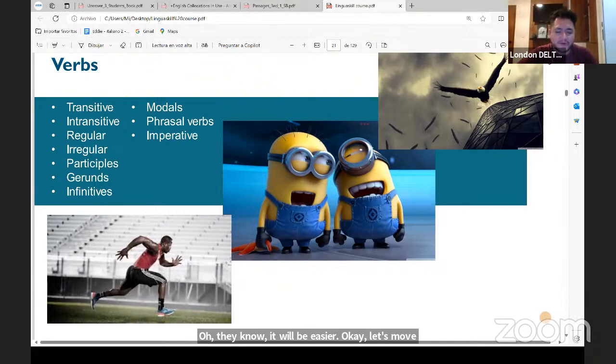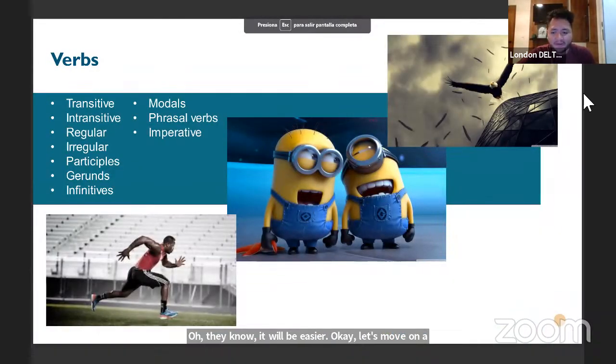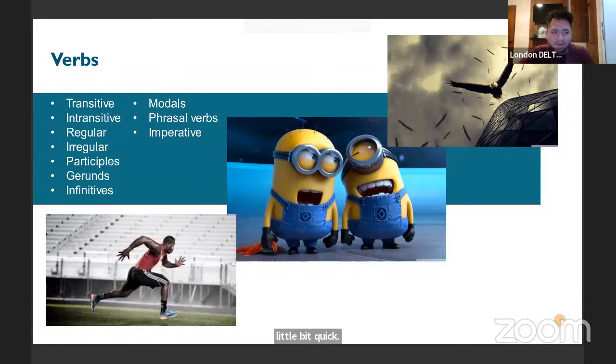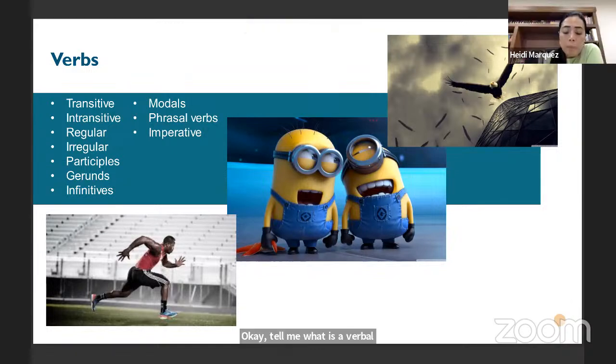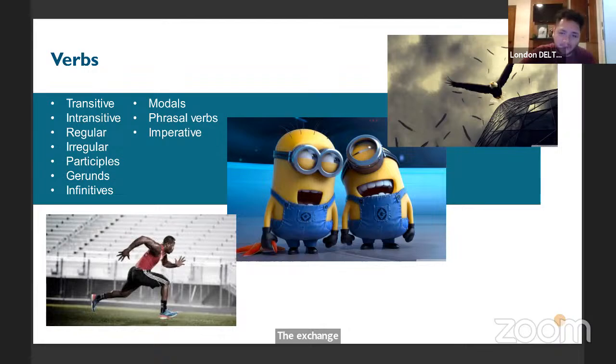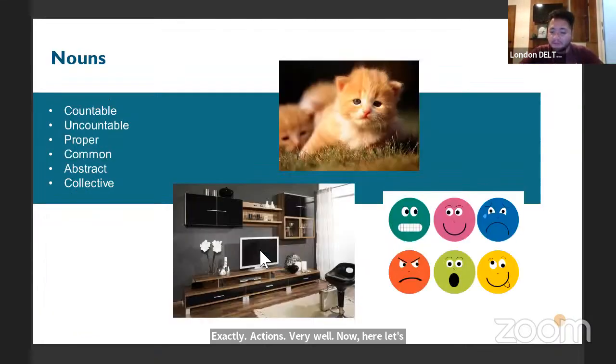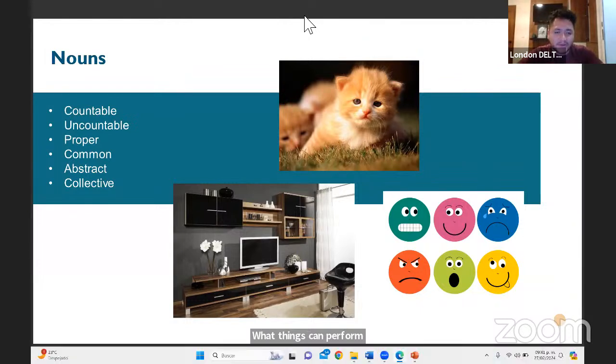What is a verb? Who can tell me what is a verb? The action. Exactly, actions. Very well. Now, here let's connect. Vamos a conectarlo. What things can perform verbs? ¿Cuáles son las cosas? ¿Cuál es el grupo que puede ejercer verbos, que puede hacer verbos, realizar acciones?